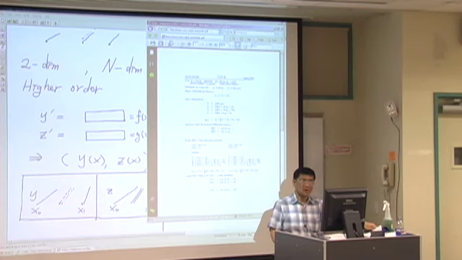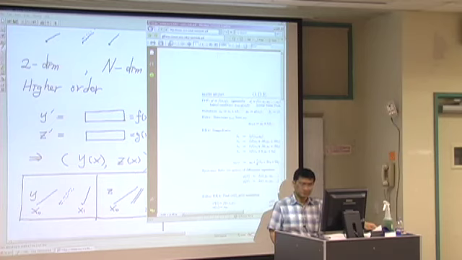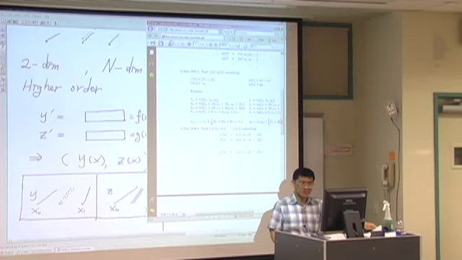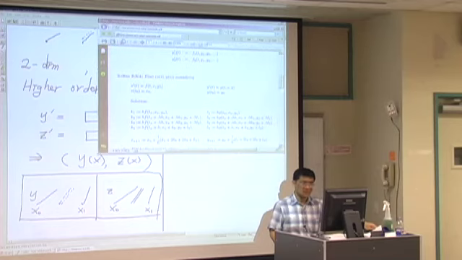So this is the part you can use. What I used instead of y and z, I used x and y with independent variable t. So it's the same. The only difference is using different letters.